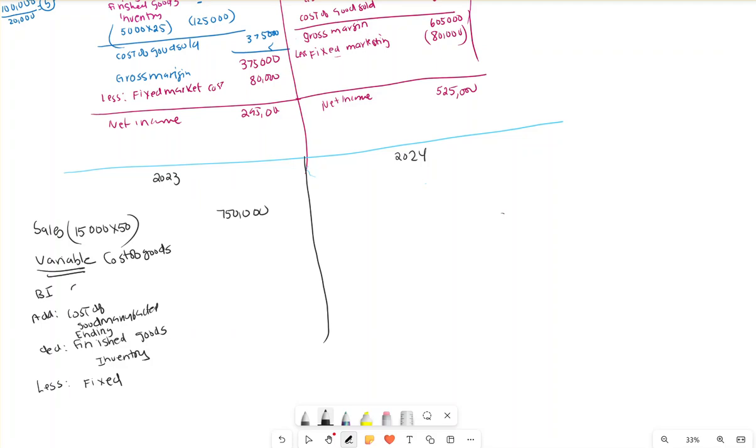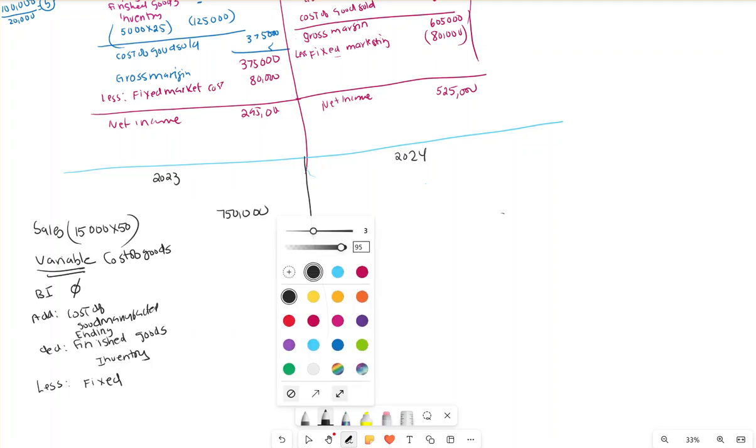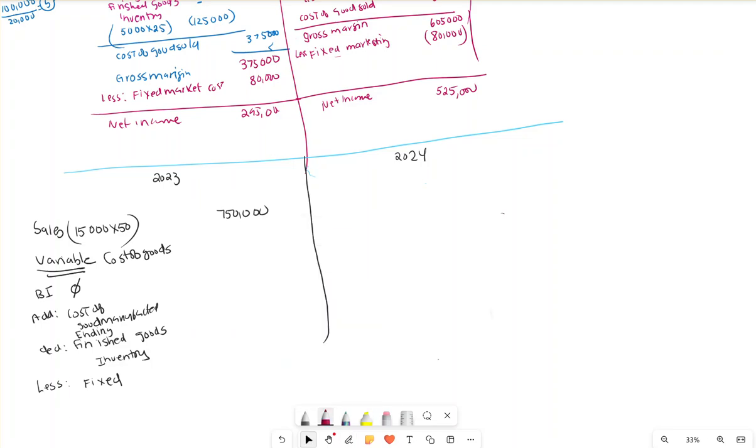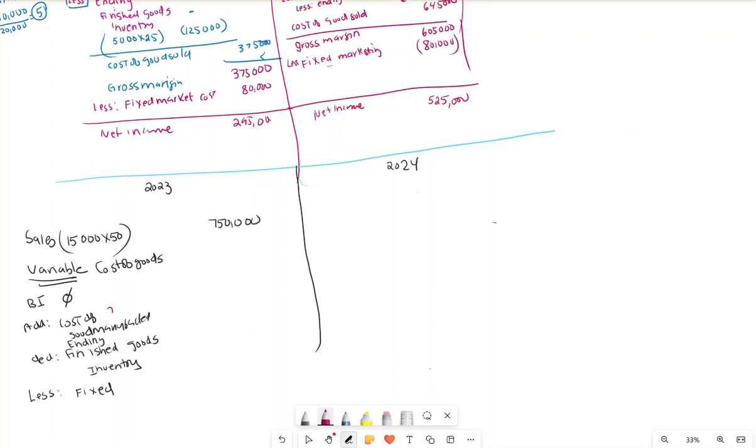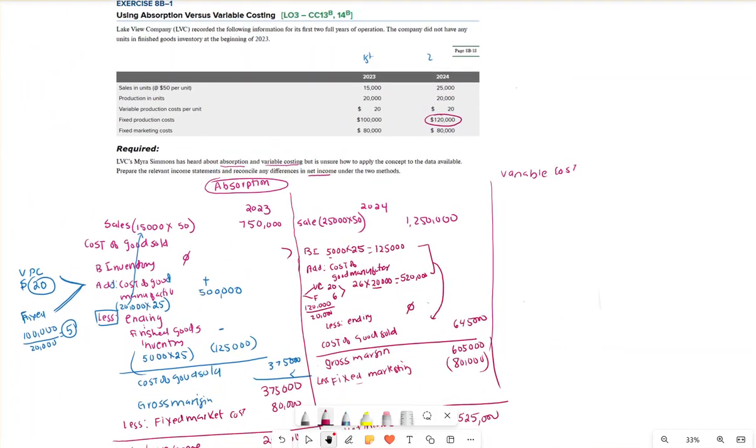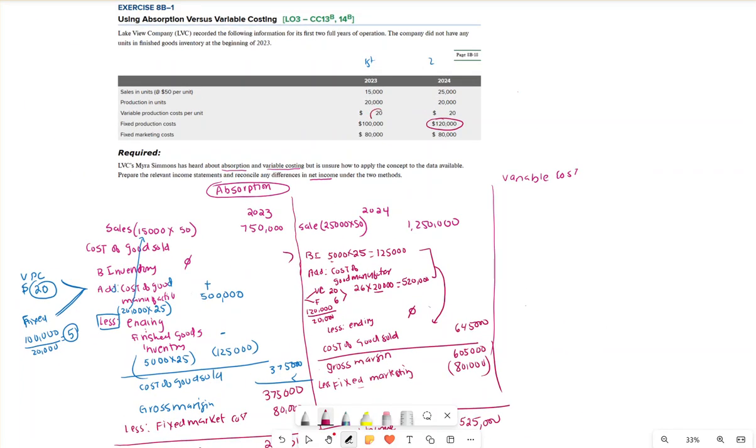My beginning inventory was 0 because we just started the business. How many units did we produce? They told us we produce 20,000 units. And now here we have two types of cost. First, my variable production cost was 20, and that's the only cost we have, the variable.